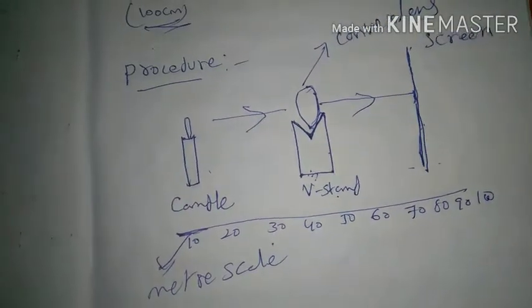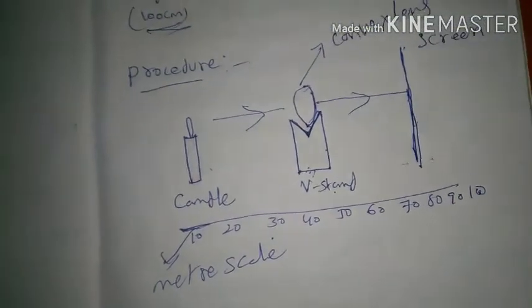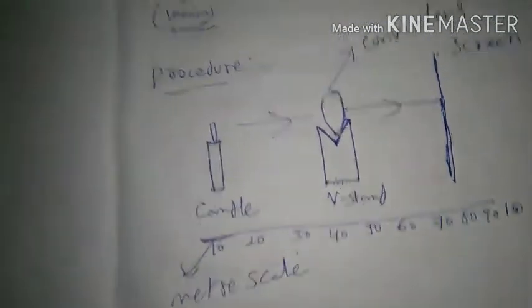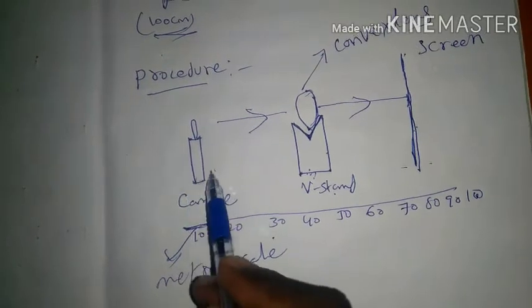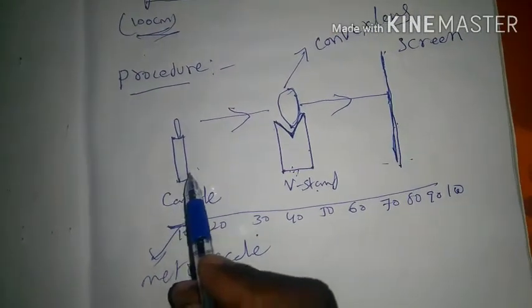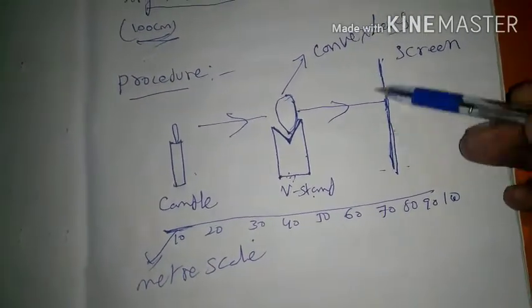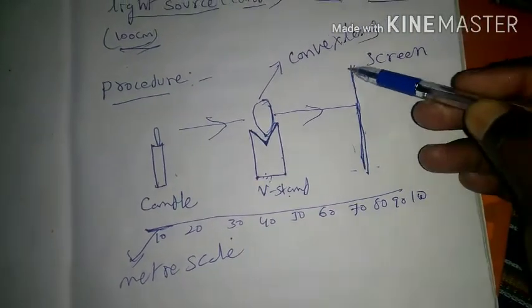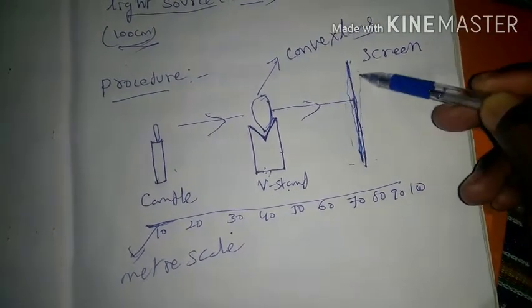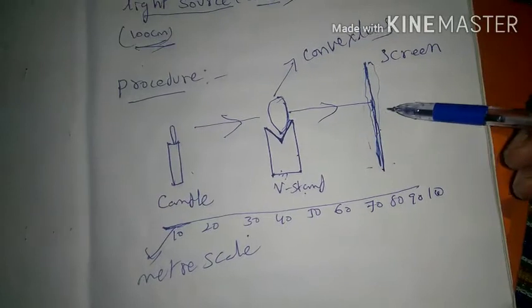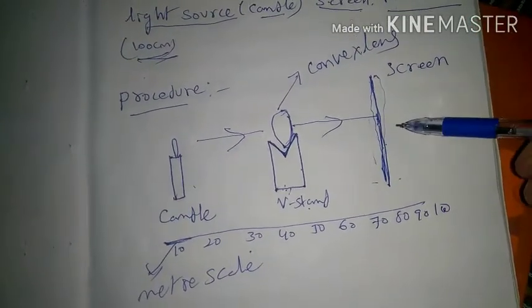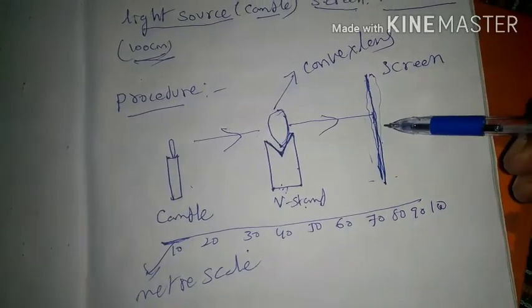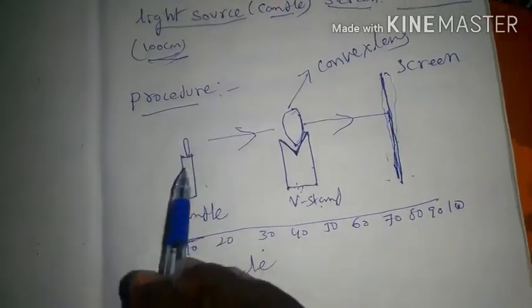Okay, after that, along the principal axis, adjust the screen. A sheet of white paper is placed perpendicular to the axis, on the other side of the lens, until you get an image on it.